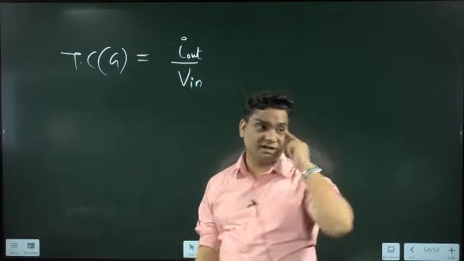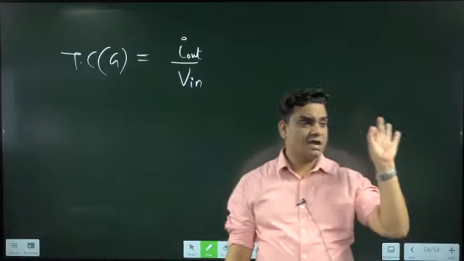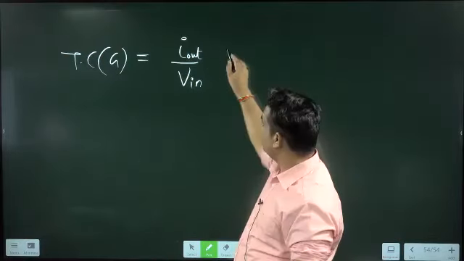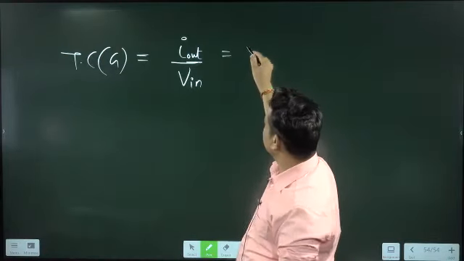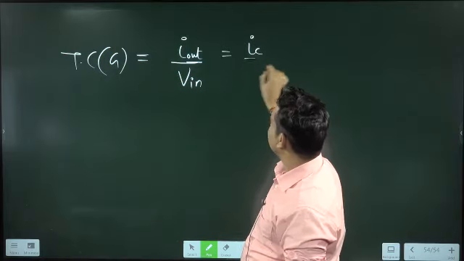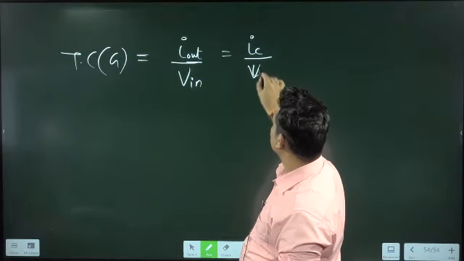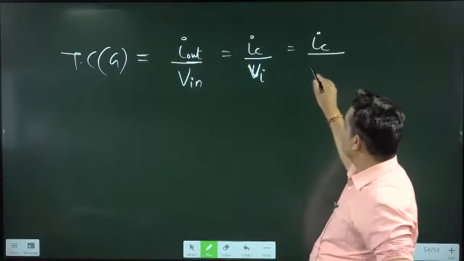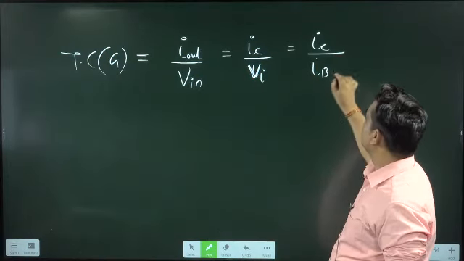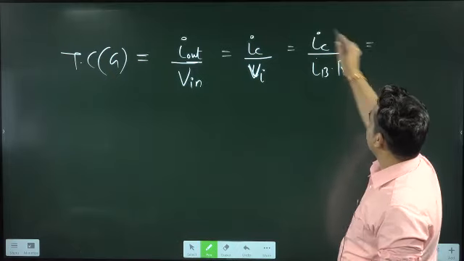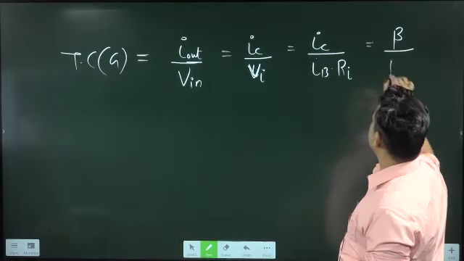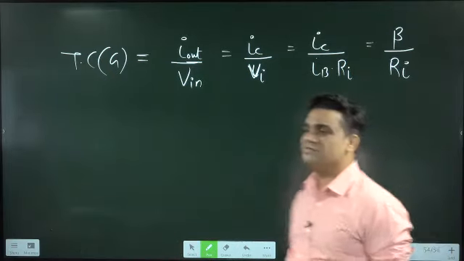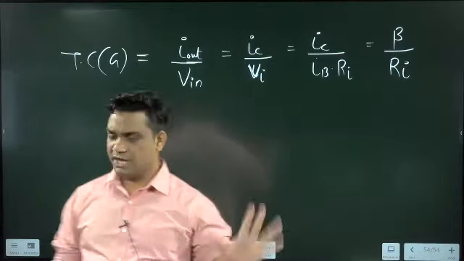This is the ratio I out by V in. We can write I out as IC, divided by VI. VI will be IB into RI, and IC by IB is beta by RI. These are the formulas of transconductance.